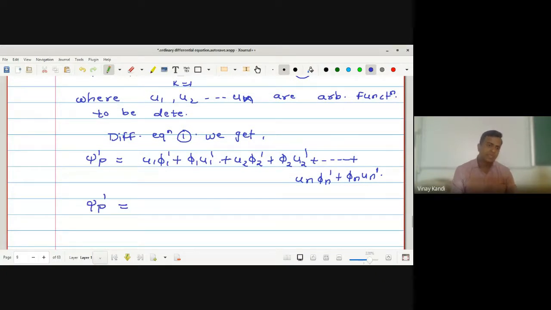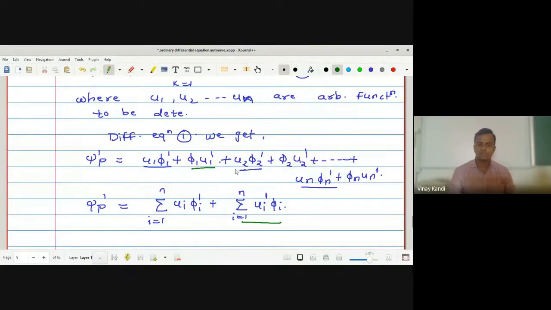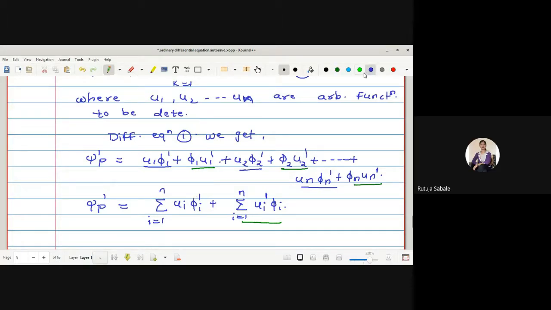So psi p dash is equal to summation i is equal to 1 to n ui phi i dash plus summation i running from 1 to n ui dash into phi i. Any doubt? If I run this sum, what do I get? The first term, the second term, up to the nth term. Okay, any doubt? No, sir.